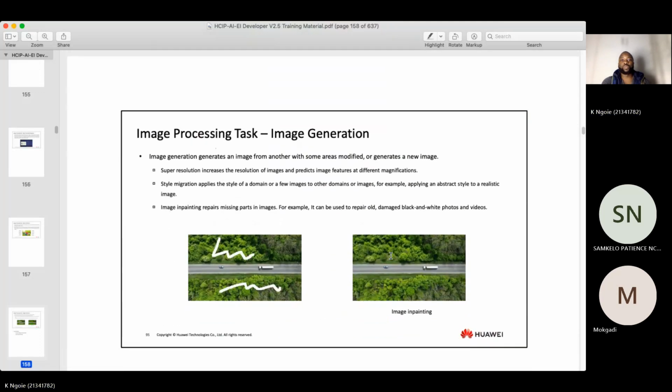All right. Now we also have image generation. So this happens a lot these days. People will take images and recreate certain things in the image, recreate the scene, so that is image generation. The AI will just generate new information on the image that was not there.